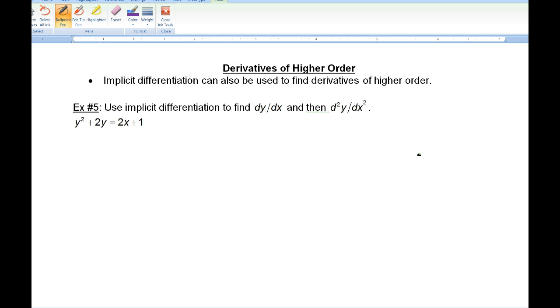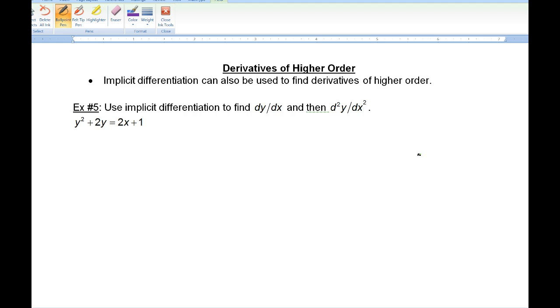Okay, so just like with regular derivatives, you can have second, third, fourth derivatives. With implicit differentiation, we can also find derivatives of a higher order. So the first thing, in order to find the second derivative, we know that we have to find the first derivative first.